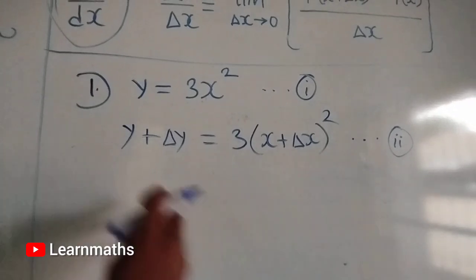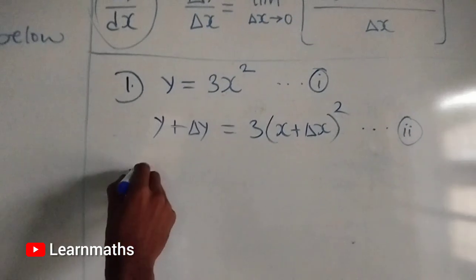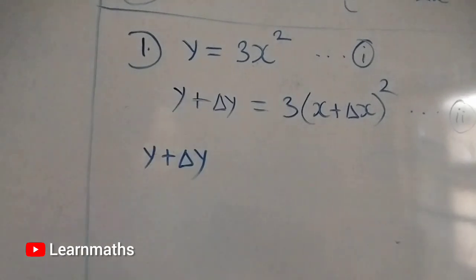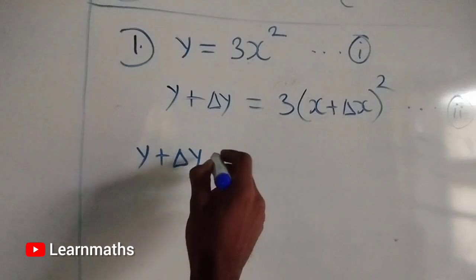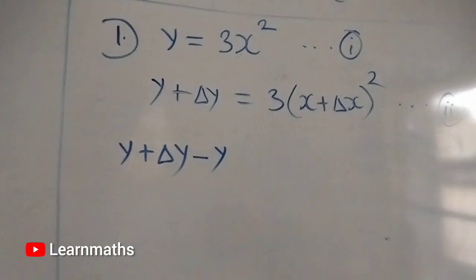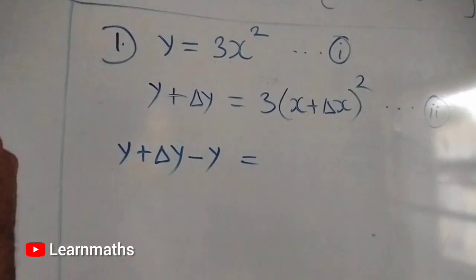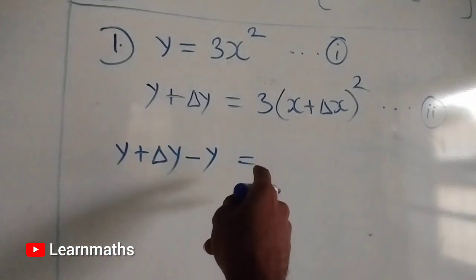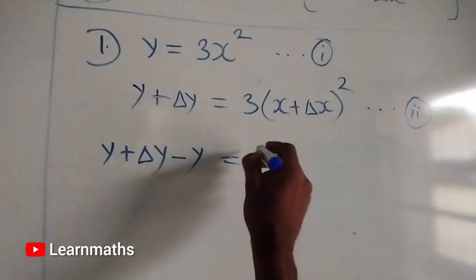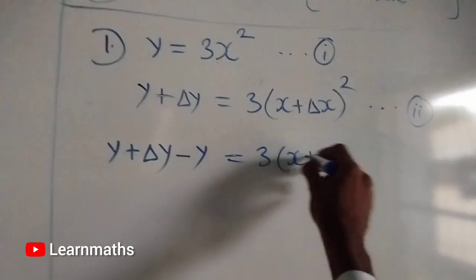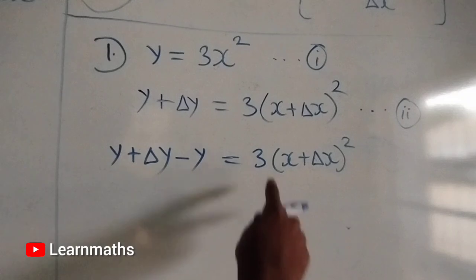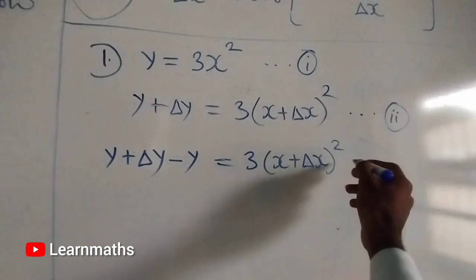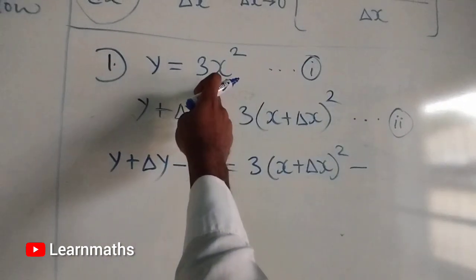Now this equation 2 here, we have y plus change in y, right? If you subtract the corresponding value from equation 1, we have minus y. That's for the left hand side. Now for the right hand side, on equation 2, we have 3 times x plus change in x squared, minus, what do we have on equation 1?